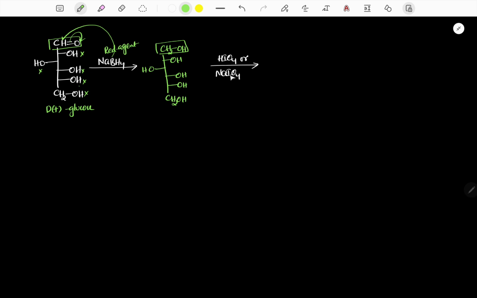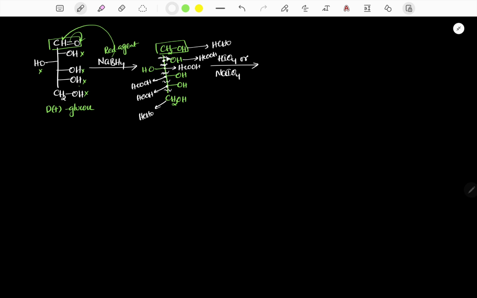Now it is treated with HIO4, NaIO4. So we know that whenever polyalcohol molecules are treated with HIO4, we have to break the C-C bond. So this part will be oxidized to HCHO, and the other carbon parts will be oxidized to formic acid, because we are breaking the C-C bond two times.